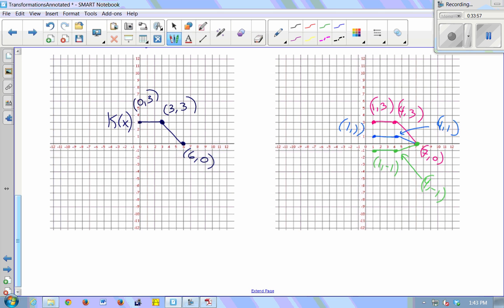So add 3 to every y coordinate, and I'm going to get (1, 2), (4, 2), and when I move (7, 0) up 3, that's going to land at (7, 3), right? So this purple graph is the final one. That's the final answer. Everything else was just a step to get there.